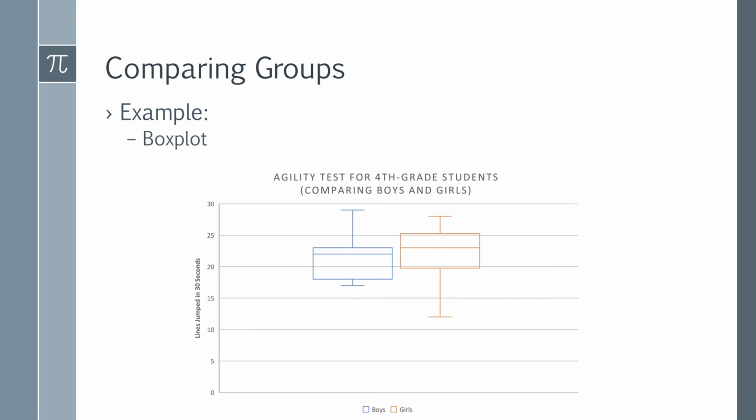And it looks like the IQR is a little bit wider for the girls than it is for the boys. So we got a little bit more variability there in the girls' data. Now when we looked at the histogram, we noticed that skewed a little bit to the left, but the box plot's not showing any outliers for the girls. It's just skewed a little bit to the left, but we don't have anything drastic or extreme that's showing up as an outlier.